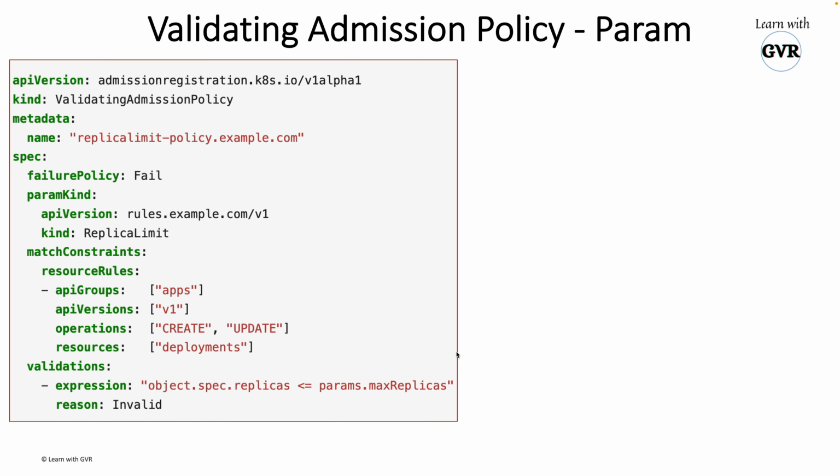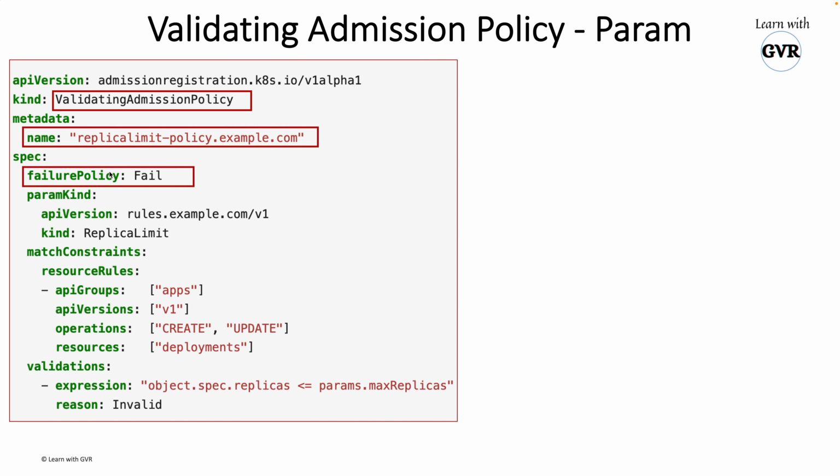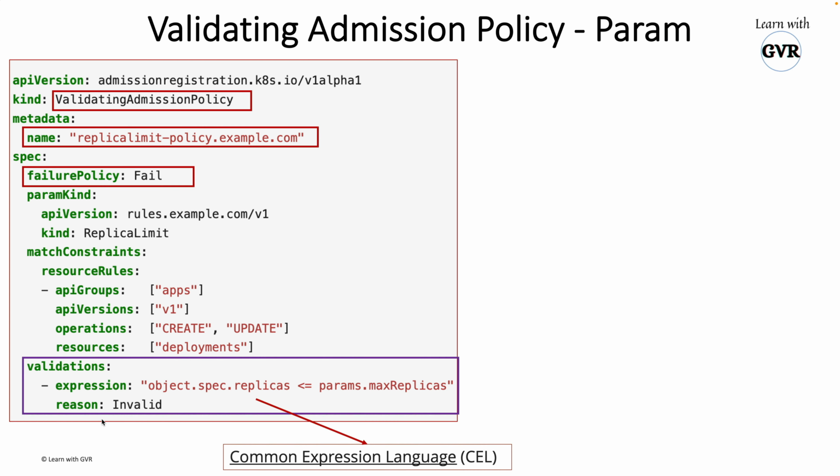Next, a validating admission policy we can also create by using a parameter, right? Again the same: validating admission policy, you will give some name, and failure policy I set as fail, hard break. And here in validation, what you are giving is object.spec.replicas less than or equal to 5 in the previous one, but in case of a parameter, params.maxReplicas.